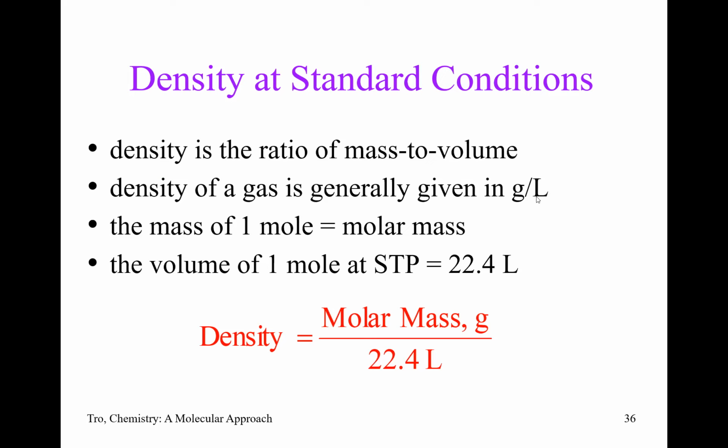So if you remember from last chapters, our densities were in grams per milliliter, right? And that's because liquids and solids are much more dense. This is grams per liter. So that's telling you that ballpark gases are about 1,000 times less dense than typically, like water, liquids and solids.